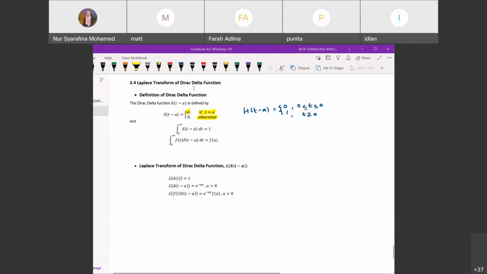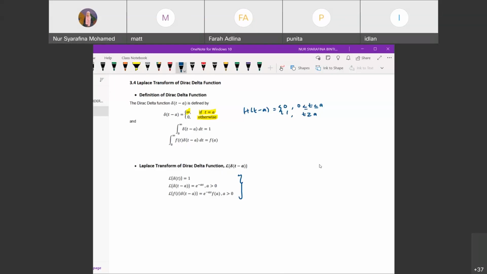Okay, so by using this definition of the Dirac delta function, we can transform this δ(t minus a), or δ(t) only, by using the properties of the Dirac delta function here. So how can we prove this?